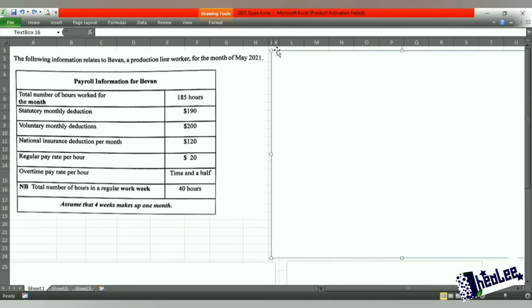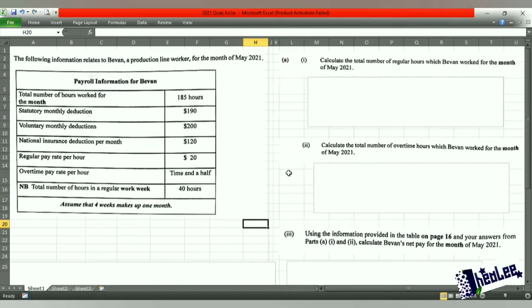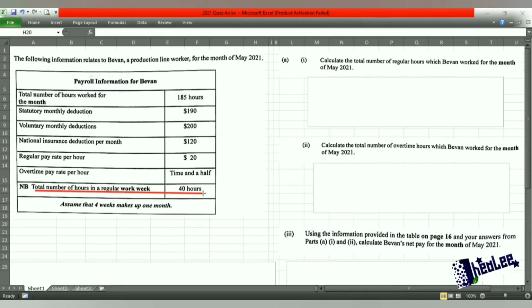So we're going to move into part 1 of the question. Calculate the total number of regular hours which Bevan worked for the month of May. In order for us to do that, we need the total number of hours in a regular week, which is 40, and the total number of weeks that make up 1 month.